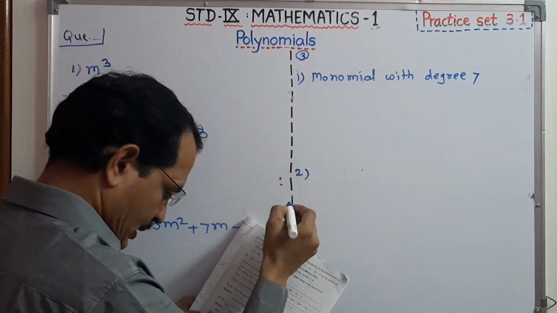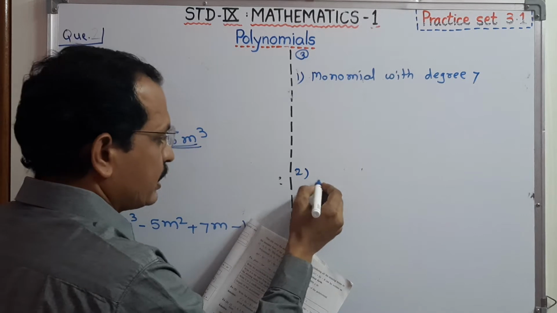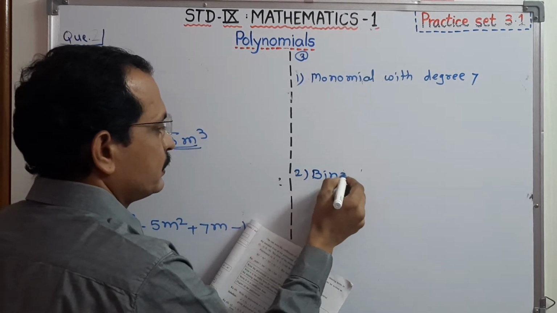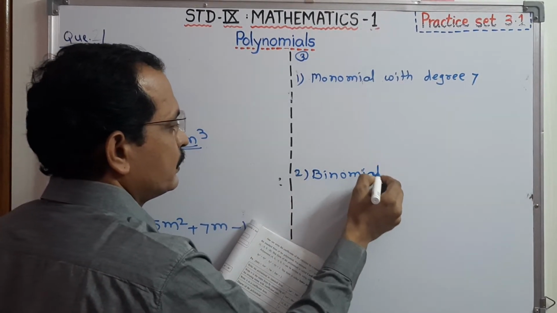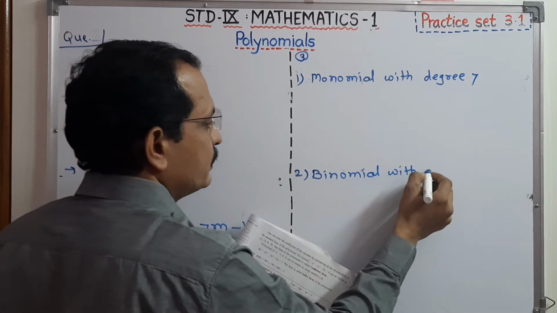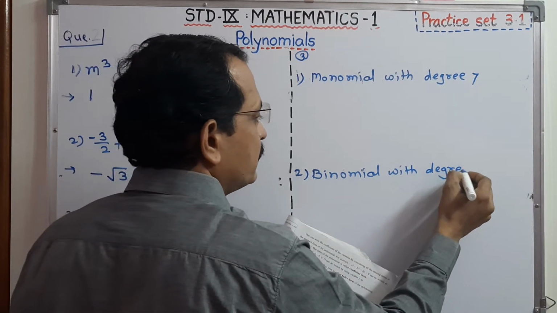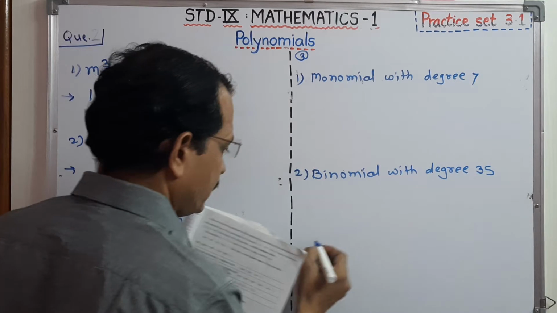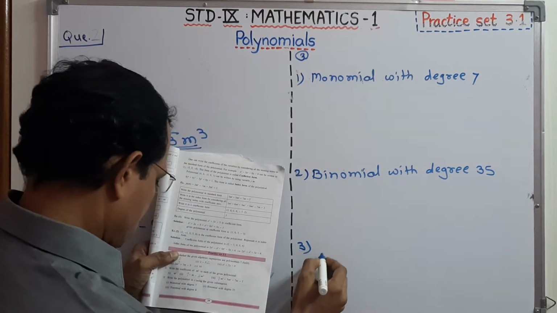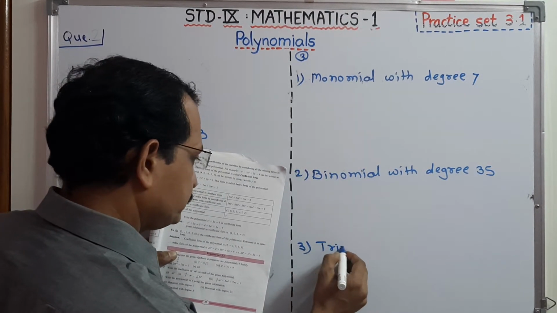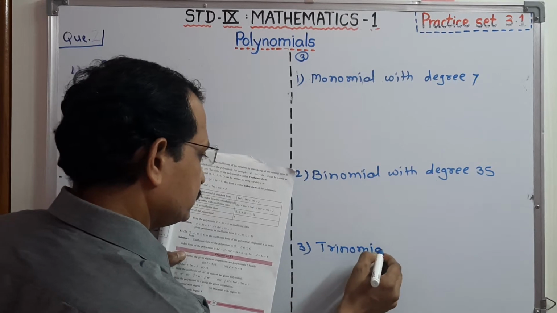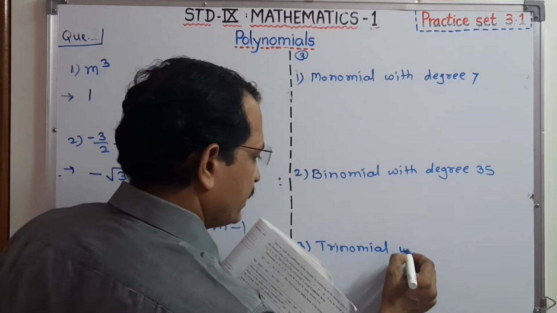Second, binomial with degree 35. And the third one is trinomial with degree 8.